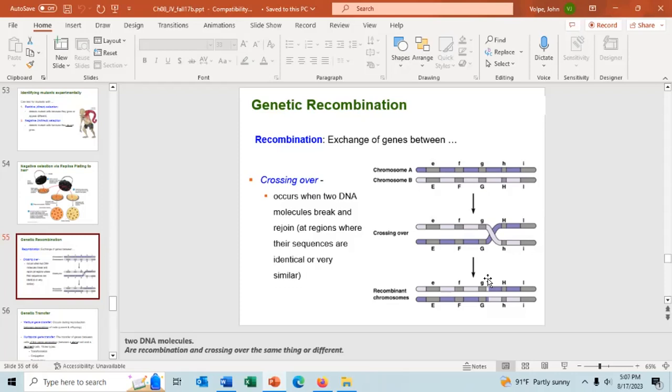Why this is important to populations is it allows new genetic combinations to be made, which may give the individual a selective advantage. For example, early on in human evolution, the blonde hair allele was with the blue-eyed allele.